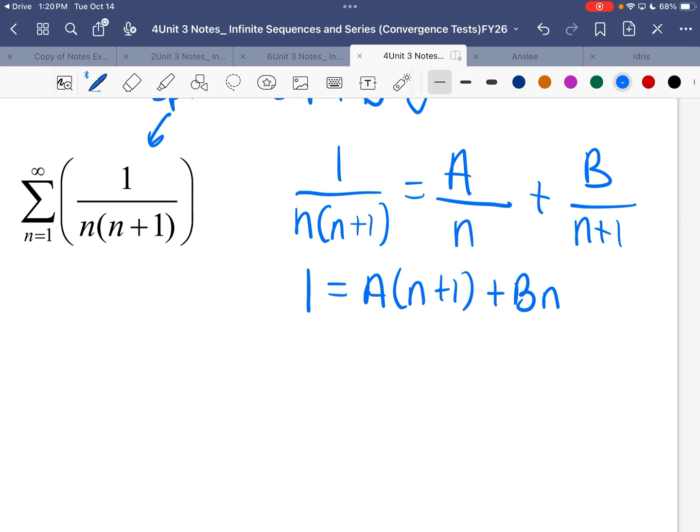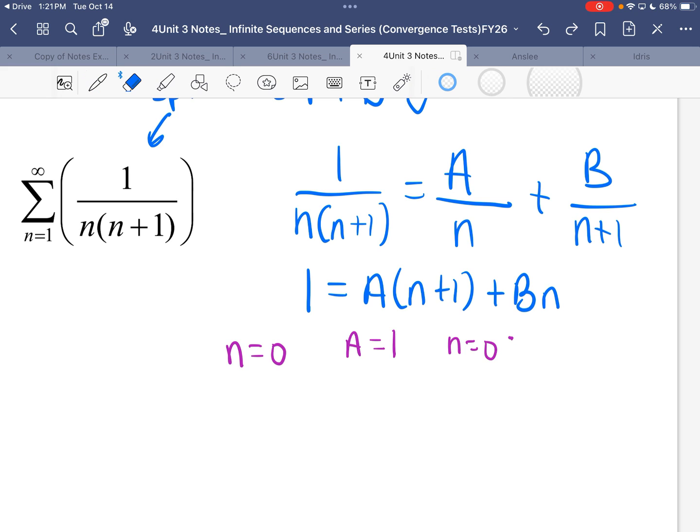So remember, when you're doing these, you can do convenient values of n, or you can do a system of equations. I know that Delta Math did convenient values of n. Oh, that was not what I meant, right? I prefer the system. So you could do it this way and say a is equal to 1. Then n equals 0, oh wait, that was negative 1.